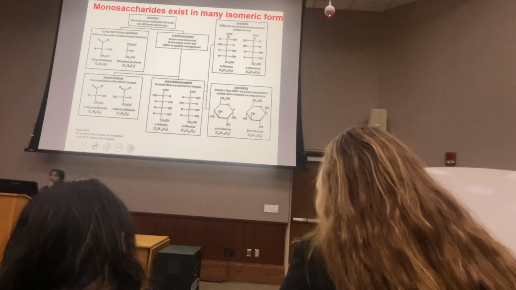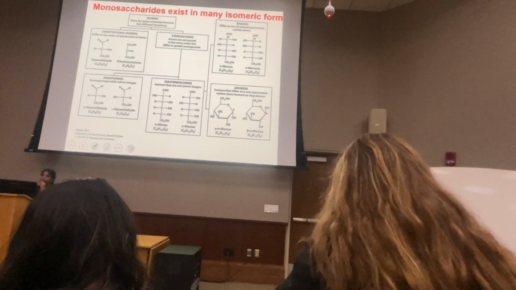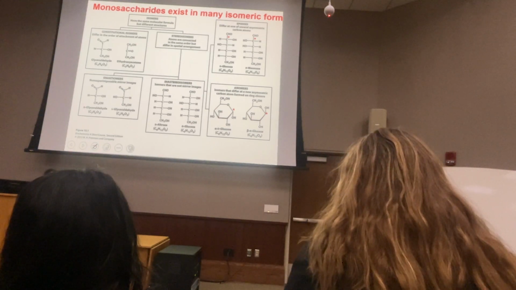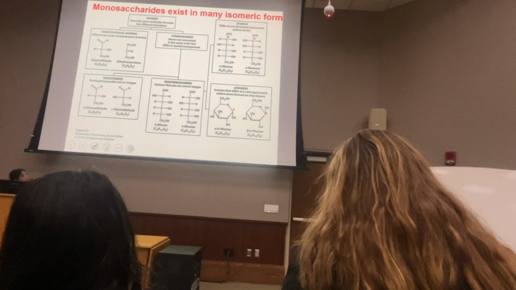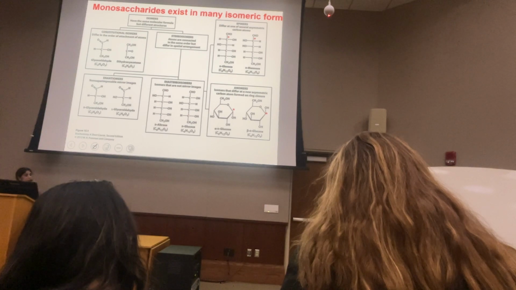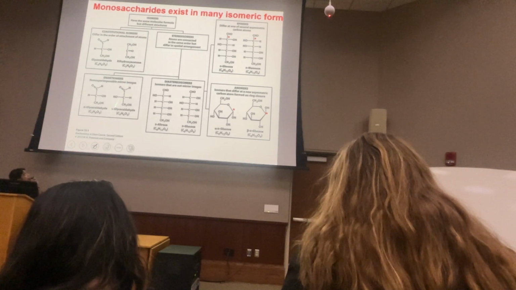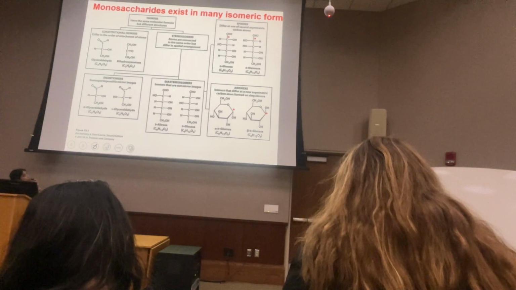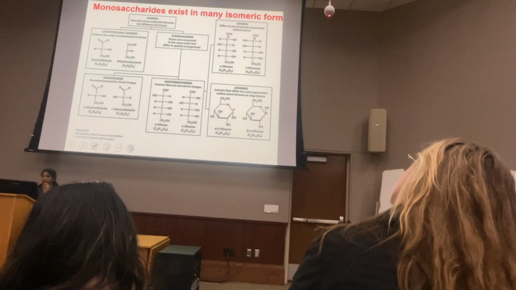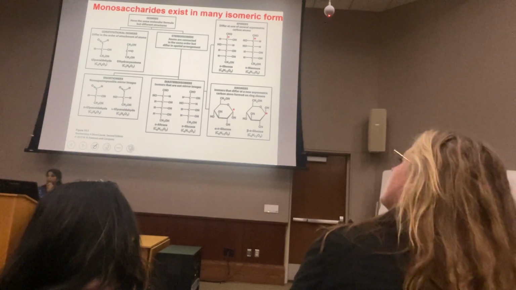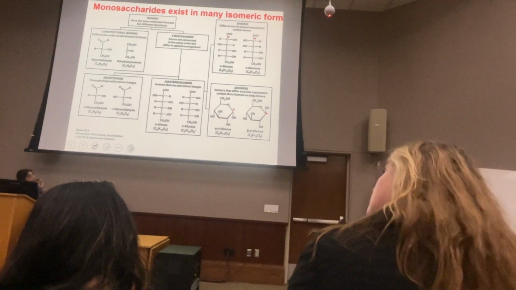Stereoisomers means that the atoms are connected in the same order, but are different in spatial arrangement. You can have an enantiomer, which is non-superimposable mirror images. They can be the D form or the L form. Or they can be diastereomers, which are isomers that are not mirror images. Those diastereomers can be divided up into 2: epimers and anomers.